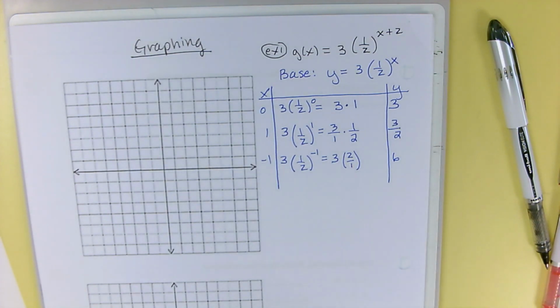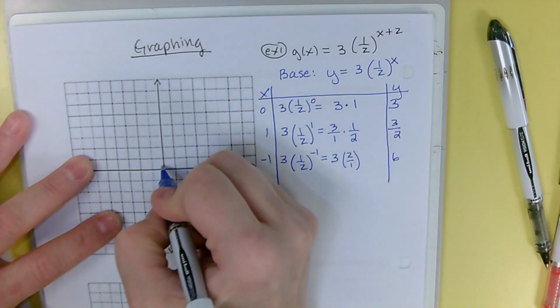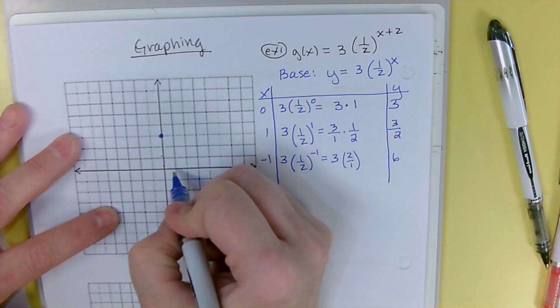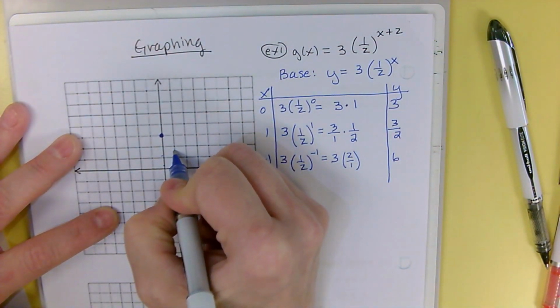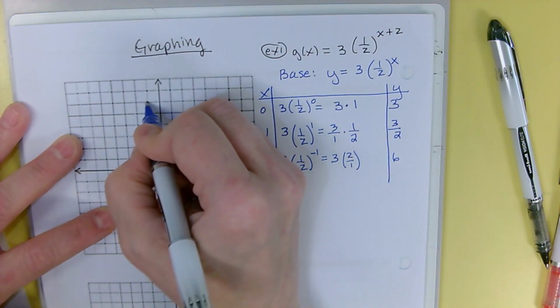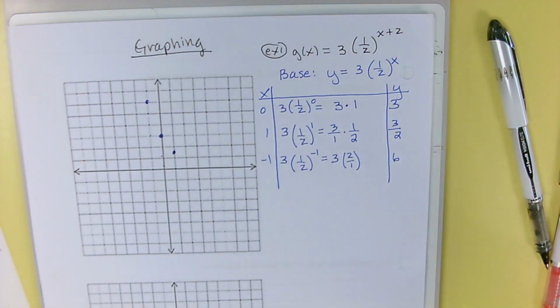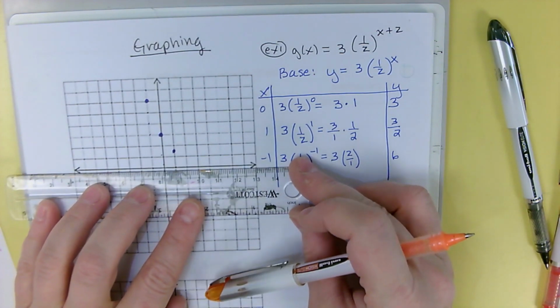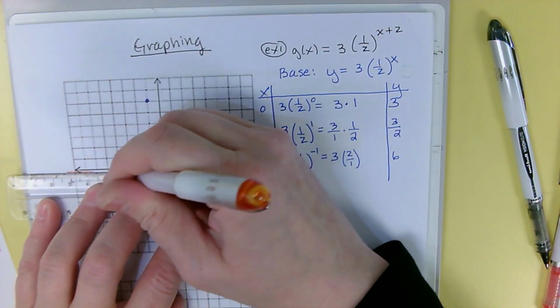All right, let's go ahead and plot these on our graph. So 0, 1, 2, 3. And this is the base, so you don't have to label these. 1, 1.5. -1, 1, 2, 3, 4, 5, 6. And we're going to draw the asymptote, which is just like yesterday. Your basic asymptote is at y equals 0.